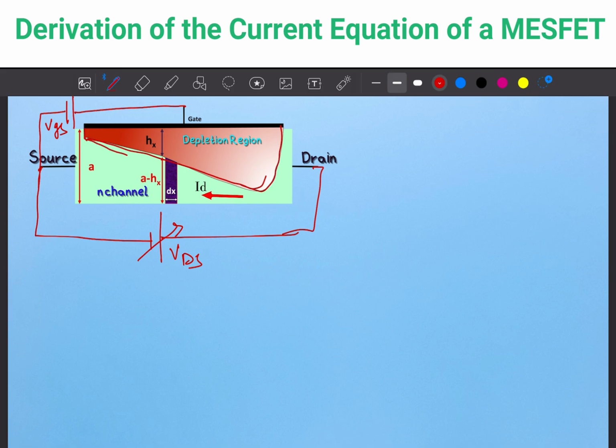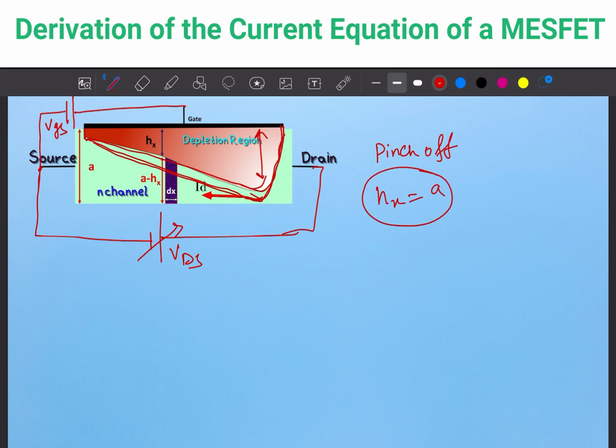And if we keep increasing VDS, there will be one voltage where the depletion will be maximum. After that, if we increase VDS further, the depletion region will not increase anymore. That point we call the pinch off point, right? At pinch off, the depletion region height will be equal to a.